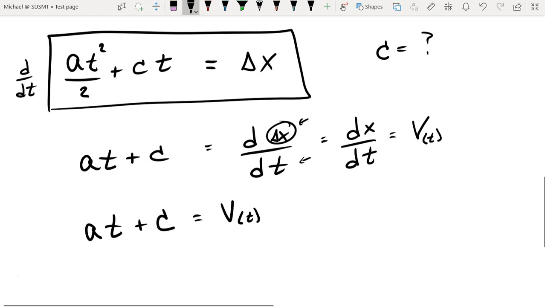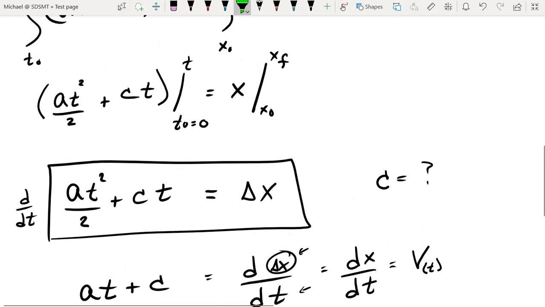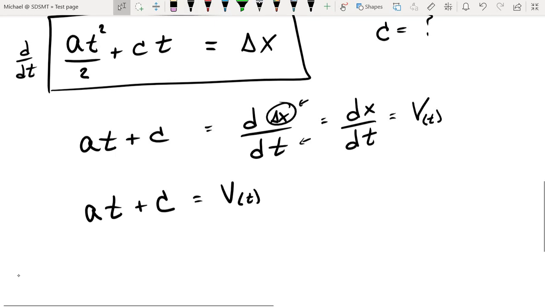And that's also kind of useless because I don't know what the constant of integration is. Except up here we said, let's be nice to ourselves and let's let the initial time be 0. If that's the case, what do you get for velocity when the time is 0?